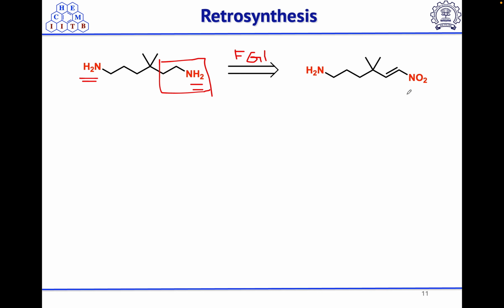In our second problem also, we had this alpha beta unsaturated nitro type of system, and we also planned the disconnection for that compound. Here also is the same alpha beta unsaturated nitro compound. So what will be the next retrosynthetic disconnection approach?